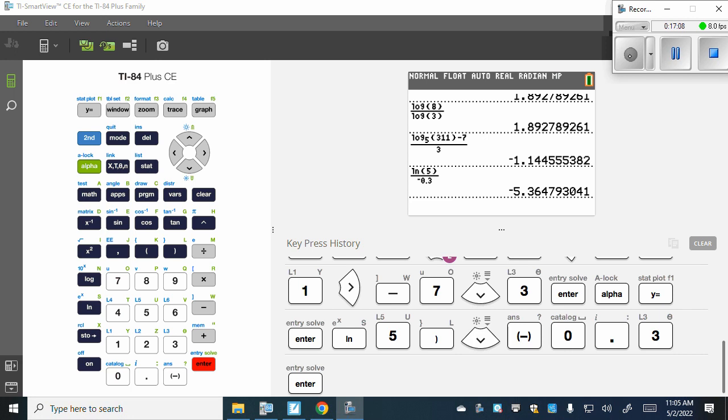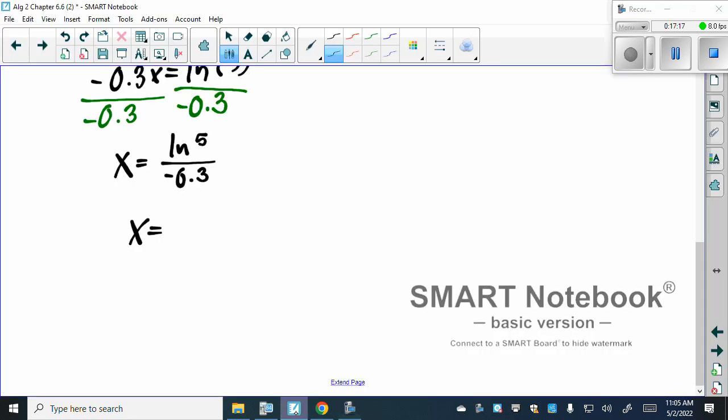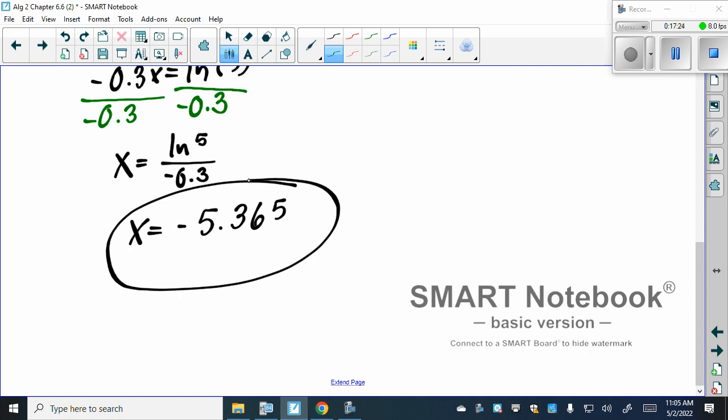If it's 10, we just use the log button. We don't have to use the log base. So here our answer is negative 5.365. That's it. That's all we have to do, because at that point we're just typing it into the calculator.